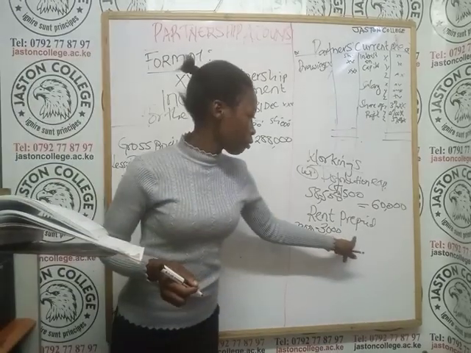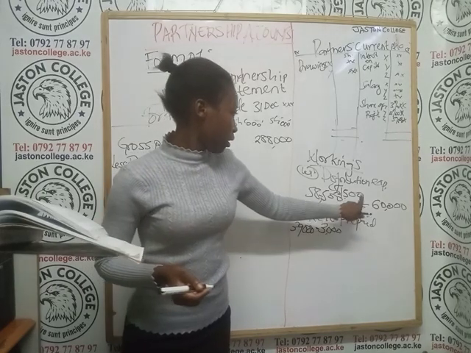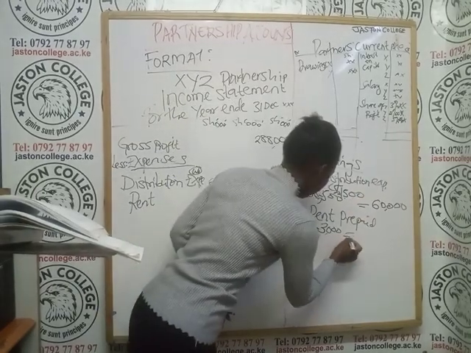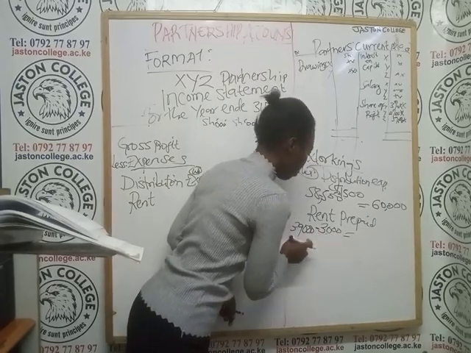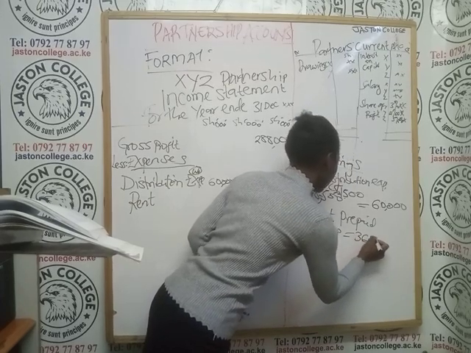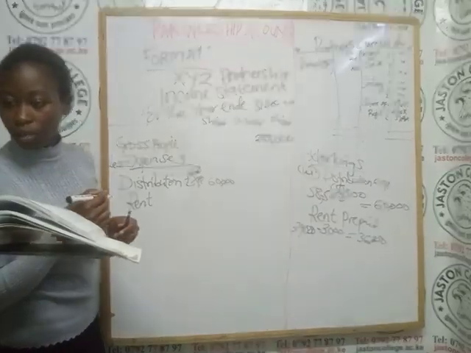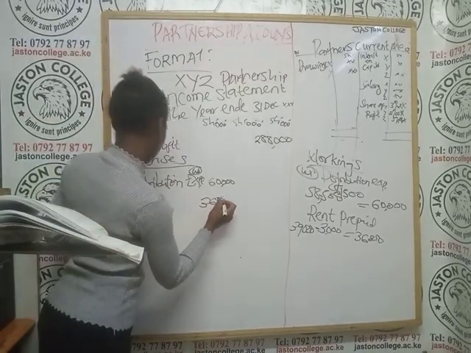So just like we said, prepayments we deduct and accruals we add. Now we are going to less 3,000 from 39,000, we will get 36,000. Now this 36,000 will be our rent.